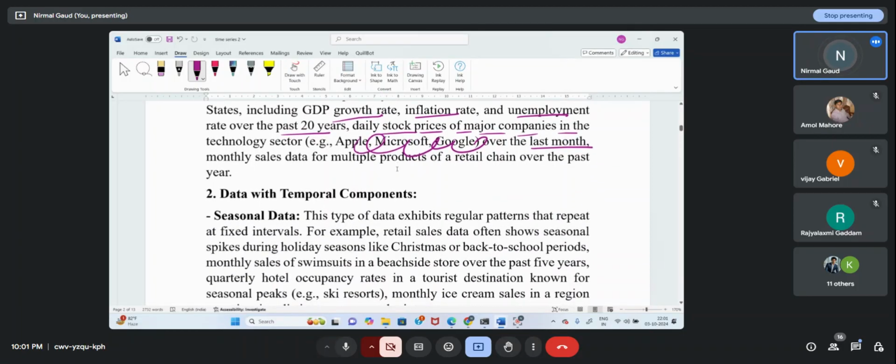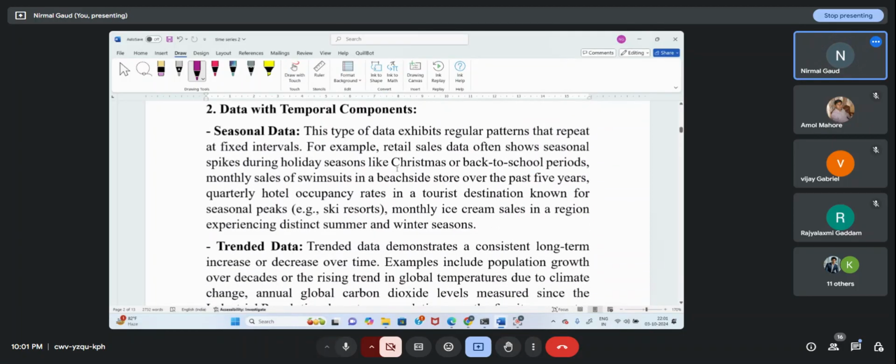We do have seasonal data also. So this is called a seasonality analysis. Seasonal data means seasonality. For example, we have a winter season, summer season, rainy season, which comes after every four months.